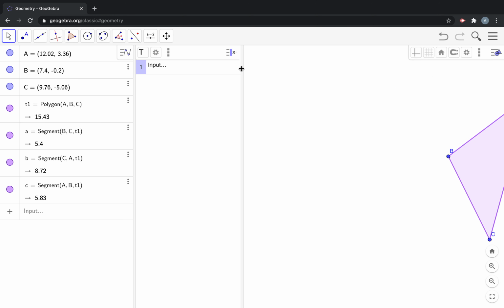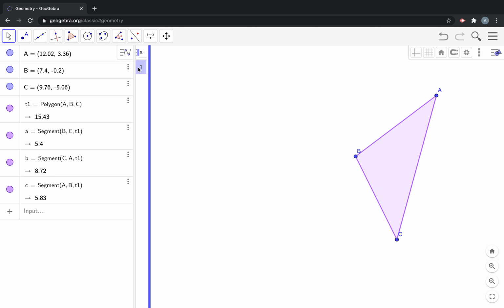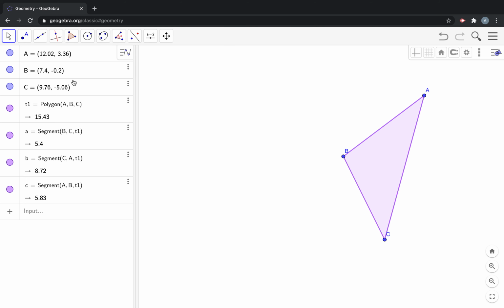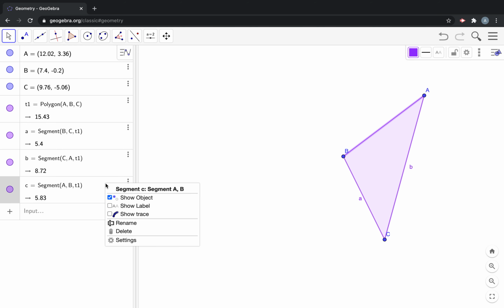We needed algebra, not CAS. So let's just close this area. We don't need that. So you can see it gives us the points of the triangle, and then it gives us all our line segments. So I just like to label these. So you can see this is side A, side B, side C, and we already have all that information.